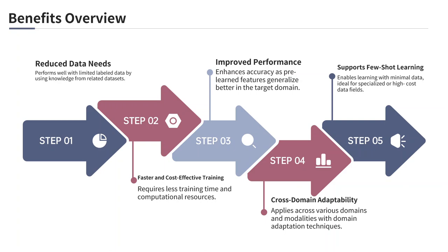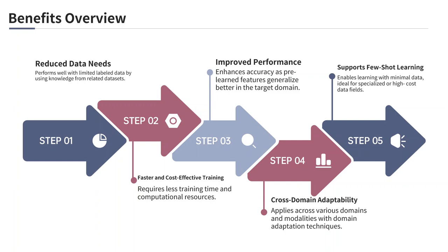It performs well with limited labeled data. It's faster and cost effective. It has improved performance, so it enhances accuracy in related tasks, as pre-learned features help generalize better in the target domain. The cross domain adaptability works across various domains and modalities like images and text with domain adaptation techniques, and it supports few shot learning.